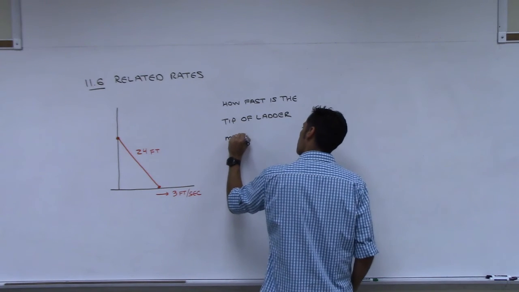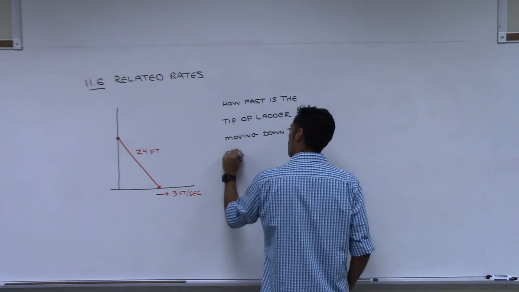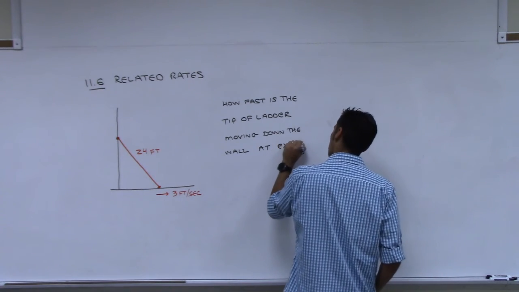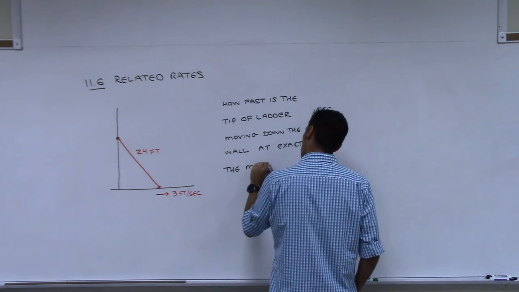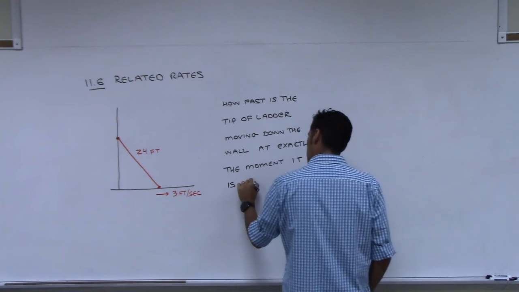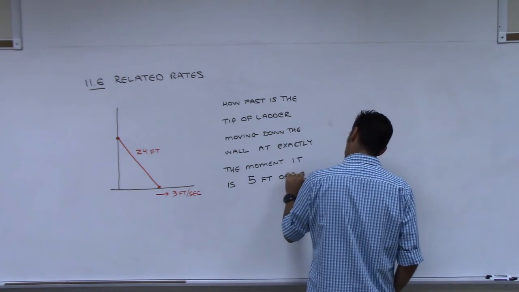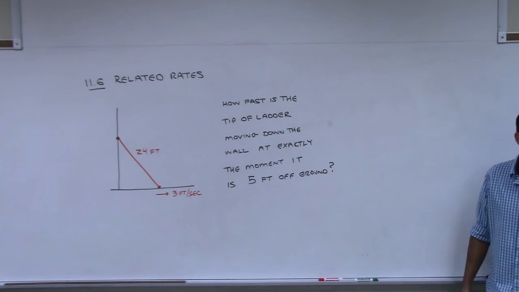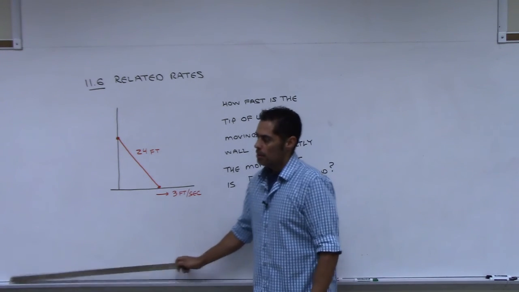Moving down the wall at exactly the moment it is 5 feet off the ground. That's the question. And this is a very unusual question. You probably have never seen a question like this ever presented to you.